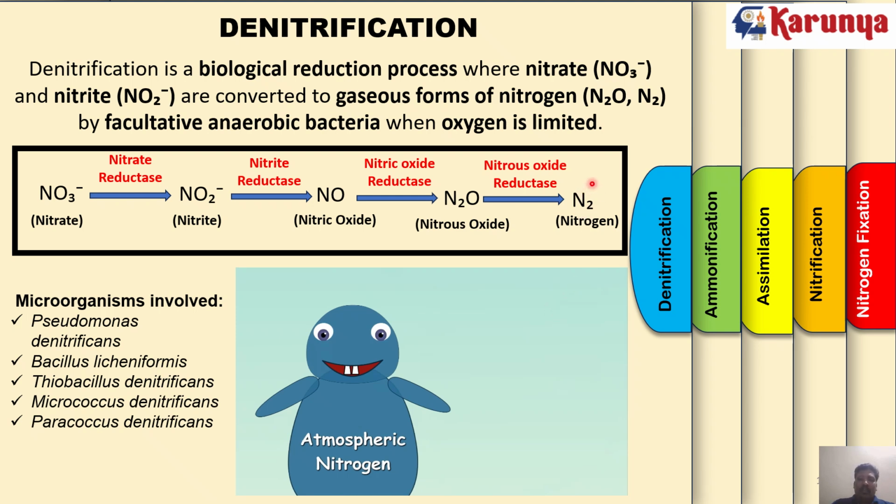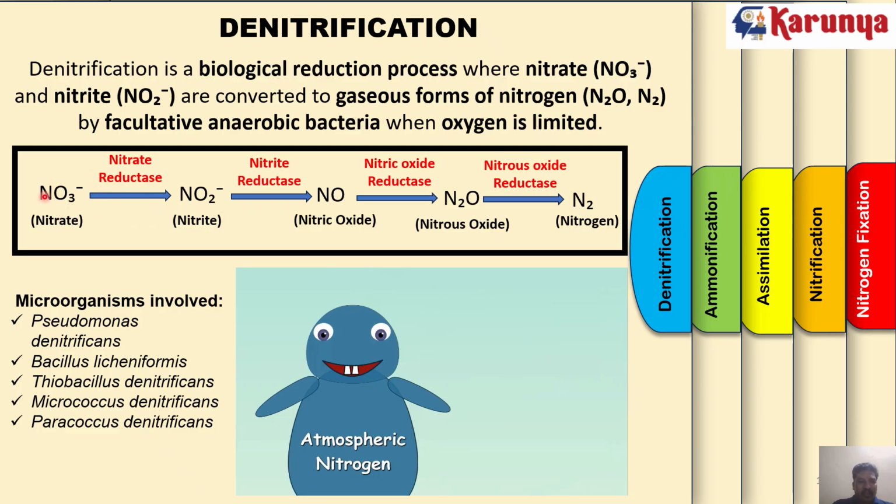Again, this fixed nitrogen in different forms, ammonium and nitrate, once absorbed by the plants, the remaining amount, or whenever an unfavorable condition is established in the soil, will undergo different reduction processes.